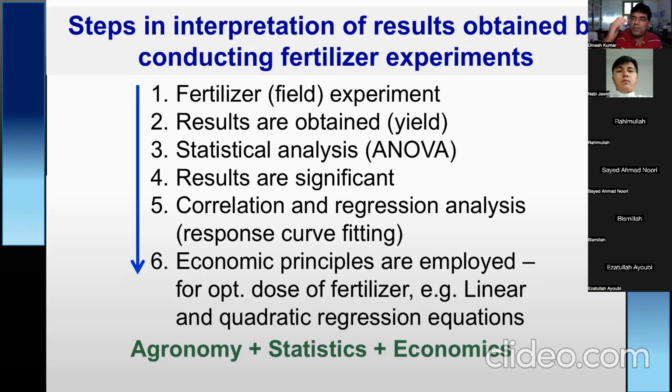The second source could be the treatment itself. Treatment itself means you have applied different doses of fertilizer. So this may have caused variation or increase in the data. And the third source can be error, because there may be some unexplained reason for the variation in the data. That becomes part of error.